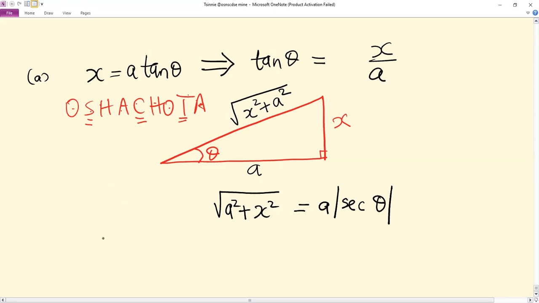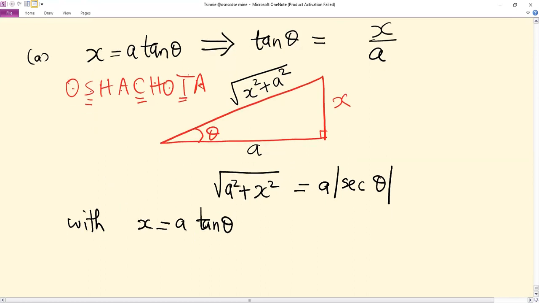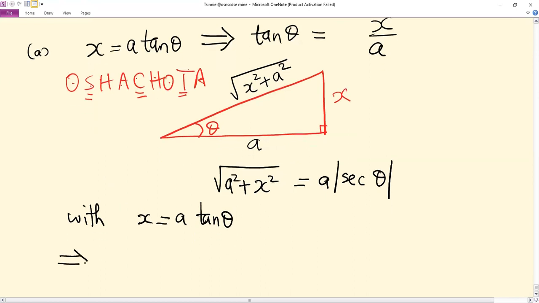Now, with x equals a tan theta, it means that a squared plus x squared will be the same as a squared plus a squared tan squared theta, because you're squaring both sides.